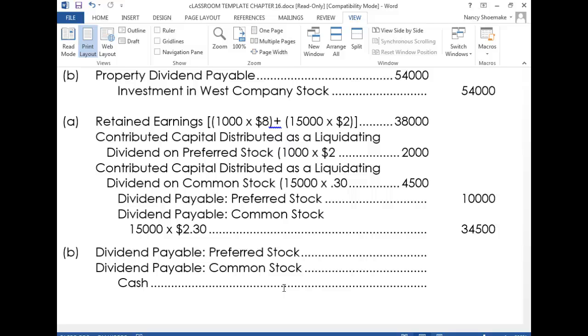I'm just wondering if you can explain exactly what a liquidating dividend is. A liquidating dividend is basically reducing the additional paid in capital or contributed capital.